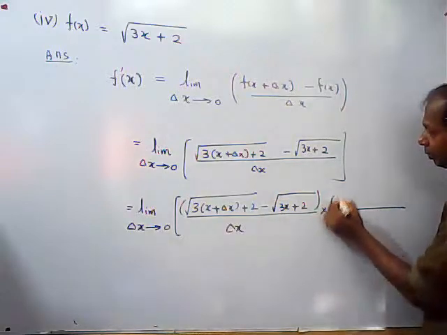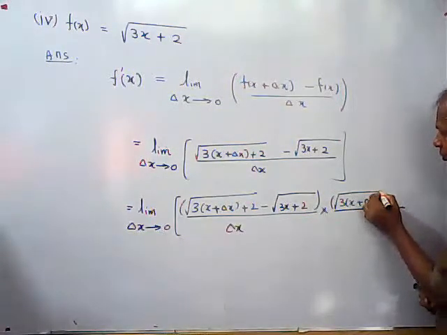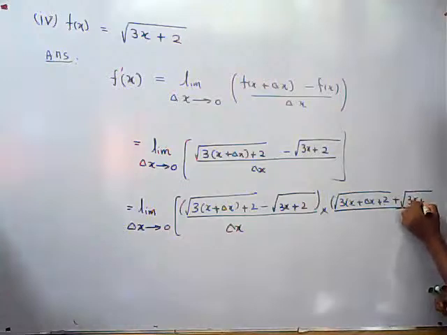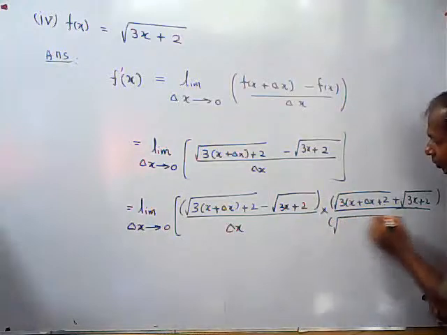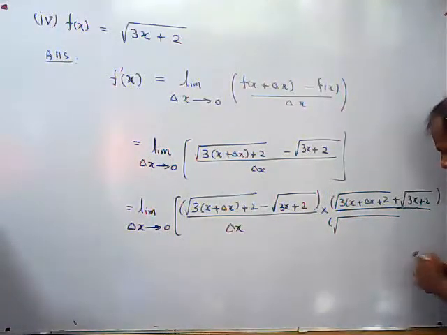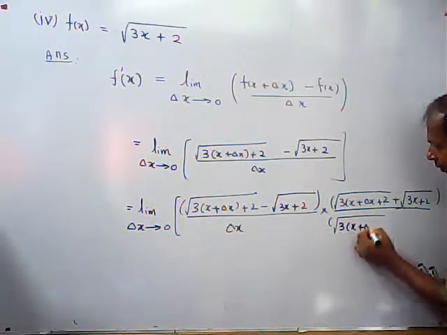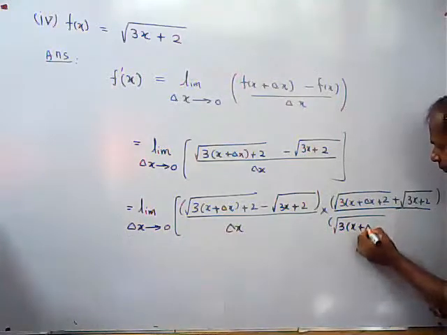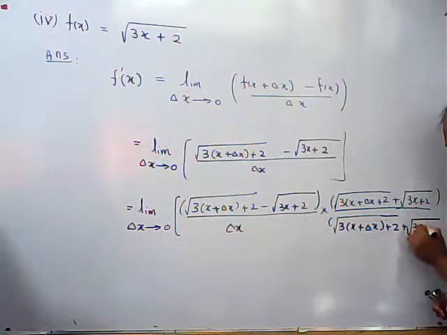That will be root of 3 times x plus delta x plus 2 plus root of 3x plus 2. And divide by the same root of 3 times x plus delta x plus 2 plus root of 3x plus 2.